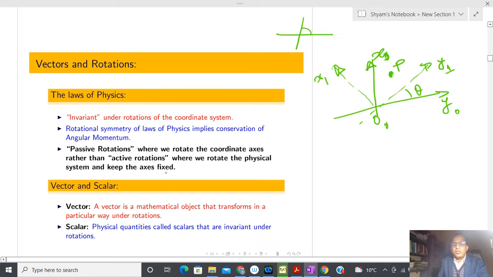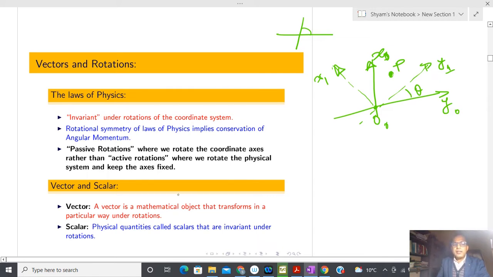Okay, so in order to generate some kind of group, I am going to start with passive rotation, but you can go through active rotation also. At that time it is possible to show that you can just replace theta by minus theta.